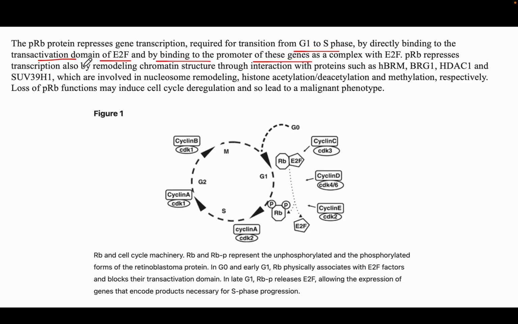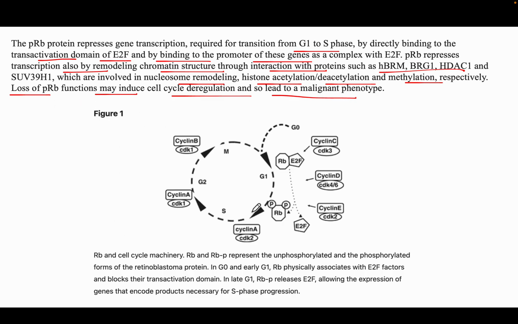So pRB represses transcription also by remodeling chromatin structure through the interaction with proteins such as HBRM, BRG1 and so on, which are involved in nucleosome remodeling, histone acetylation and deacetylation, methylation respectively. Loss of pRB function may induce cell cycle deregulation and so lead to malignant phenotype.